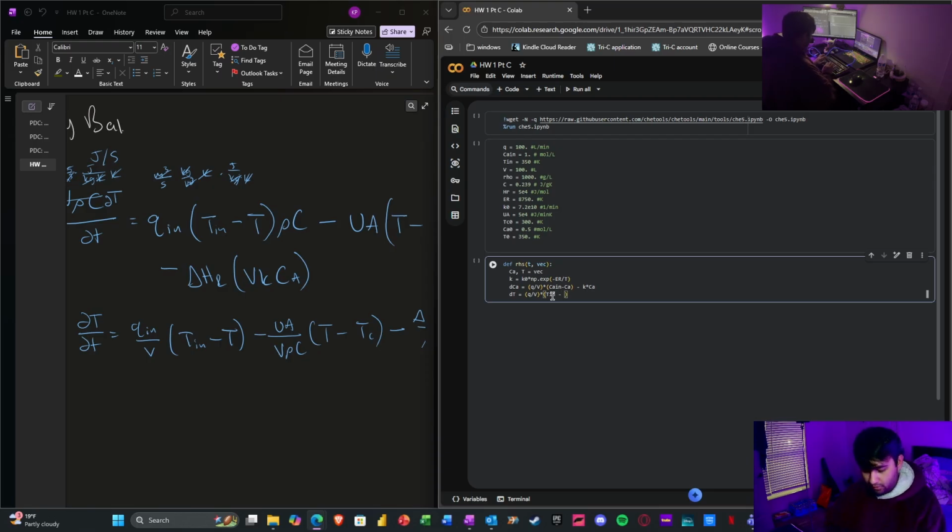T in minus T, that is subtracting our UA divided by our rho, I'm going to put that in parentheses, rho times volume times heat capacity, sorry. And then, yeah, I believe I got those.